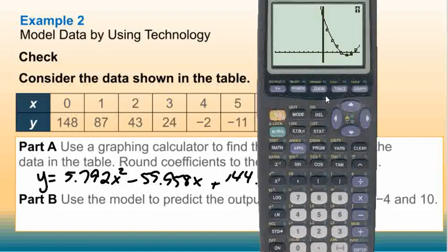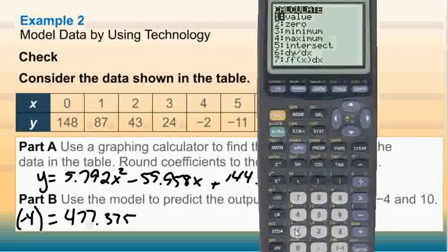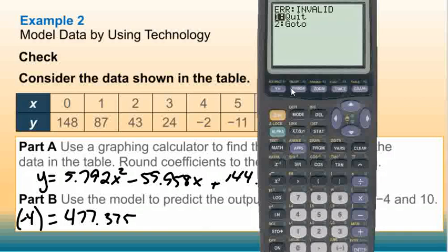So second trace number 1, -4. Hit enter. That gives us 477.375. So when we put a -4 in, it gives 477.375. And then if we do second trace number 1, now we put a 10 in here. Gotta change my Windows setting again.